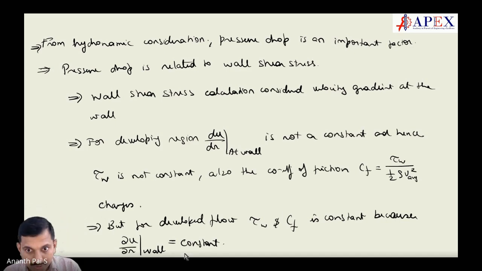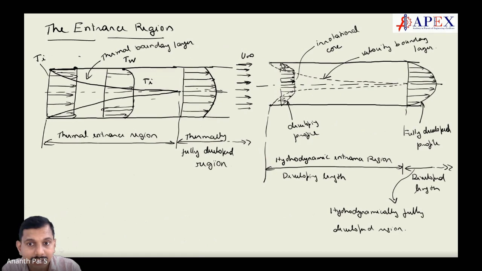Because here you see it is continuously changing. Du by dy is continuously changing. Here it is steeper, here it is less steep. So what is more here? Whether friction factor or the coefficient of friction is more here, and it goes further and further, it reduces.